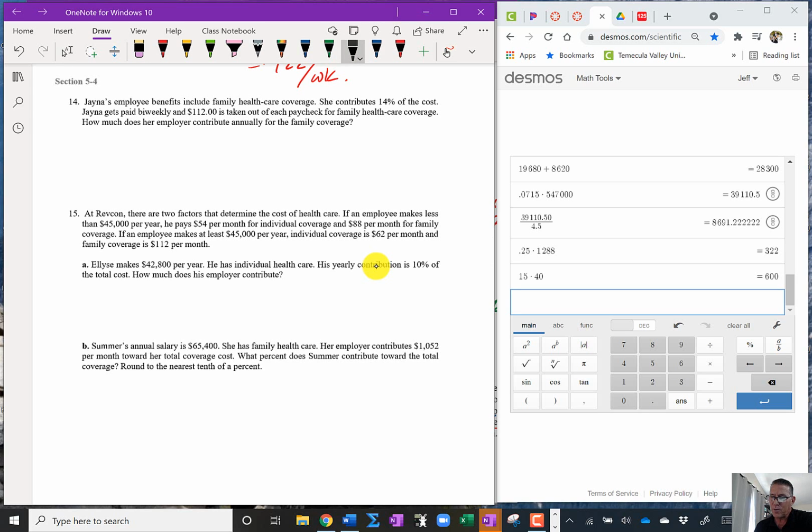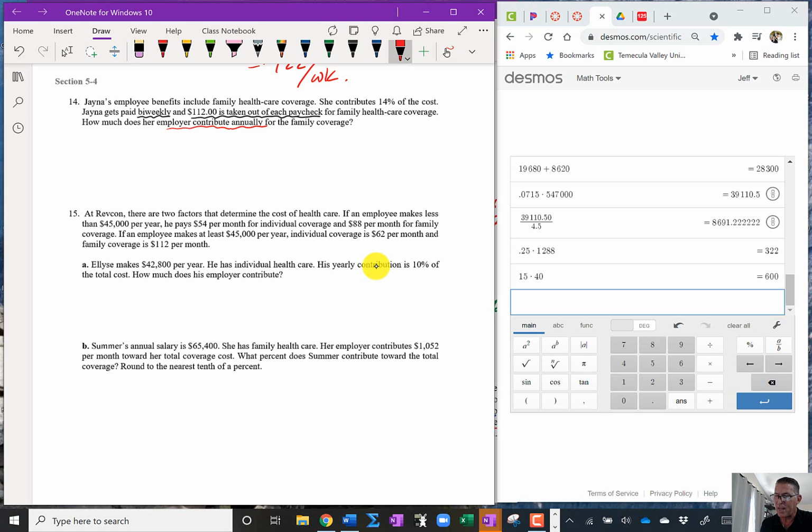All right, so we don't know what the annual cost is for either one of them. We don't know what the annual cost for the entire plan is. So we got to figure that out first. Okay, so in number 14, we got to figure out Jana's annual. So let's figure that out. So we know that she gets paid bi-weekly.